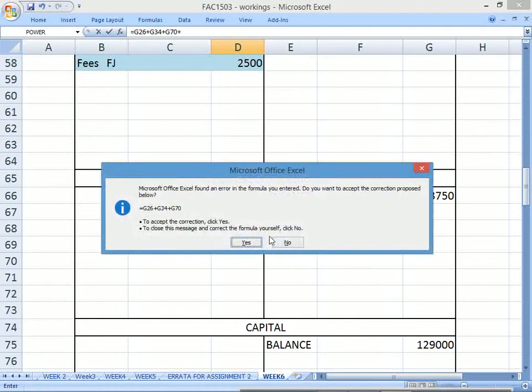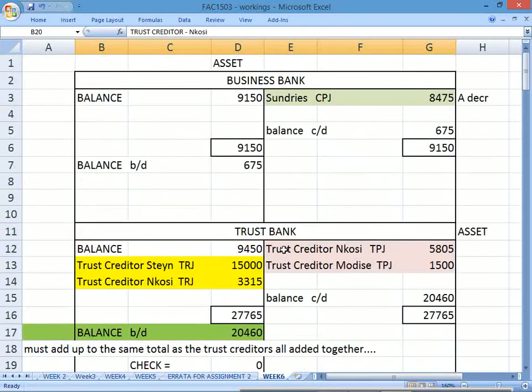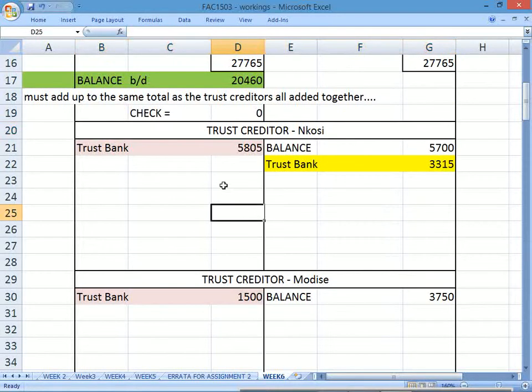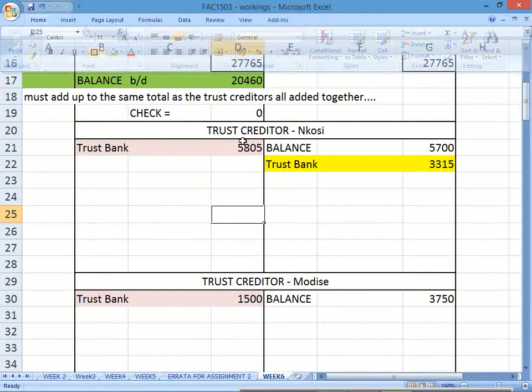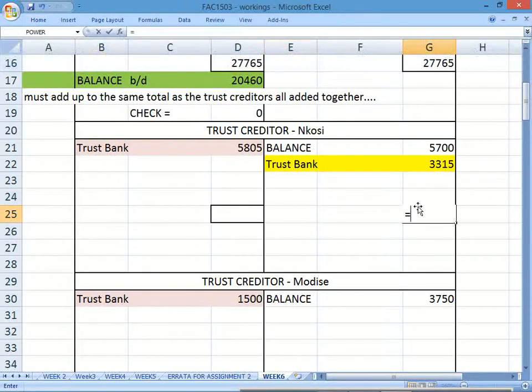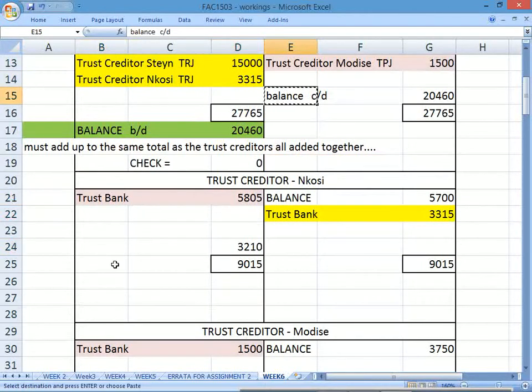Okay, we'll need to put in amounts for them. So let's balance their account off. Sum up all of this. This minus that. Balance carried down, balance brought down.